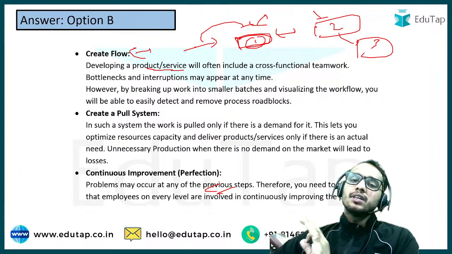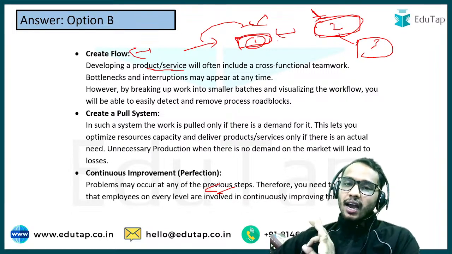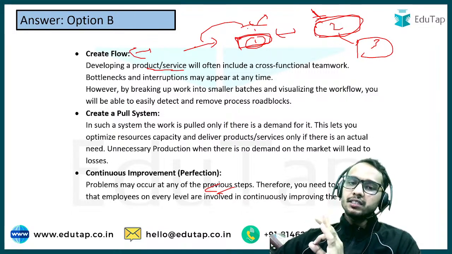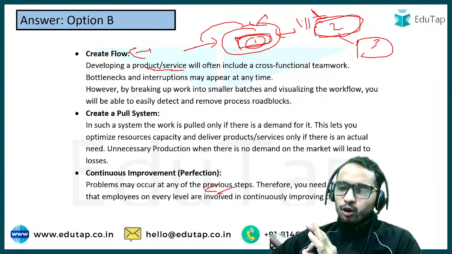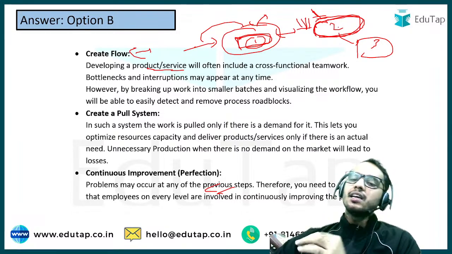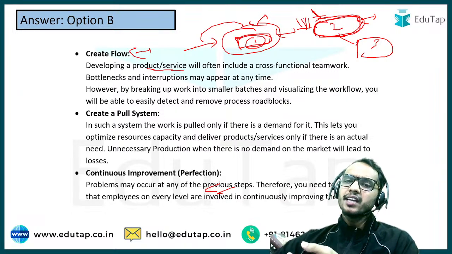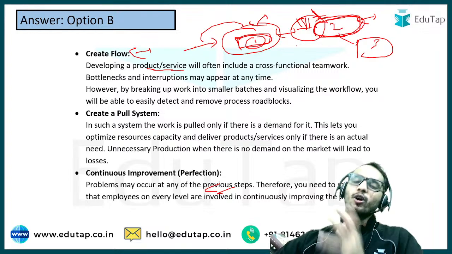Now suppose the second process machinery is not available right now, okay? And you have processed your raw materials in the first process, so there will be a bottleneck here, because we don't have anyone to do the second process. We don't have machinery, we don't have labor, so it will be a case of bottlenecks. So there should be no bottlenecks.